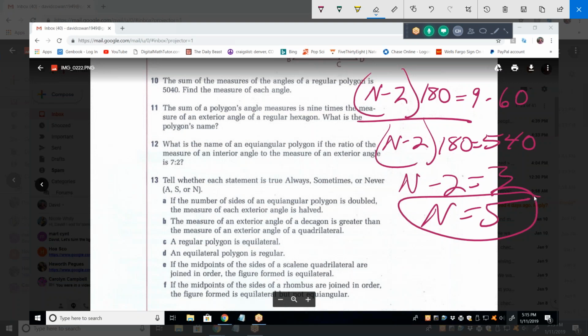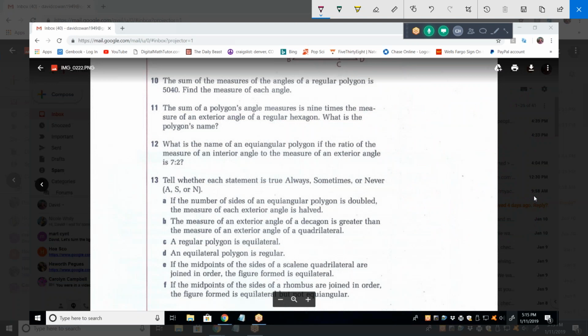The fact that it references a regular hexagon merely tells us that it's 9 times 60, so we can figure out what it is. But this pentagon is not necessarily regular. It does not have to be regular. Or the polygon they're talking about, that polygon does not have to be regular.